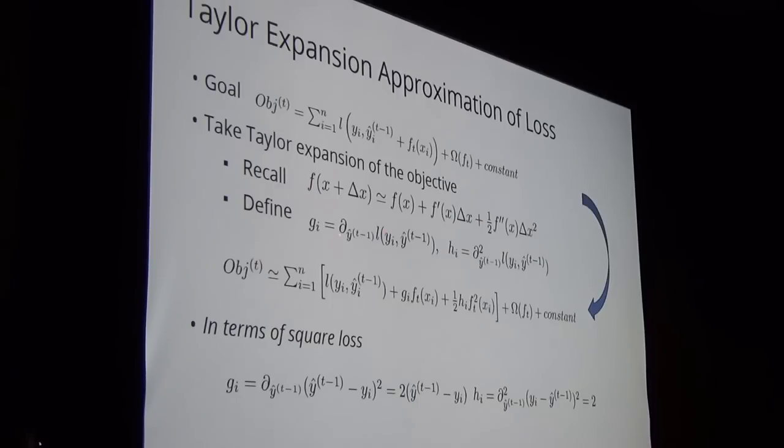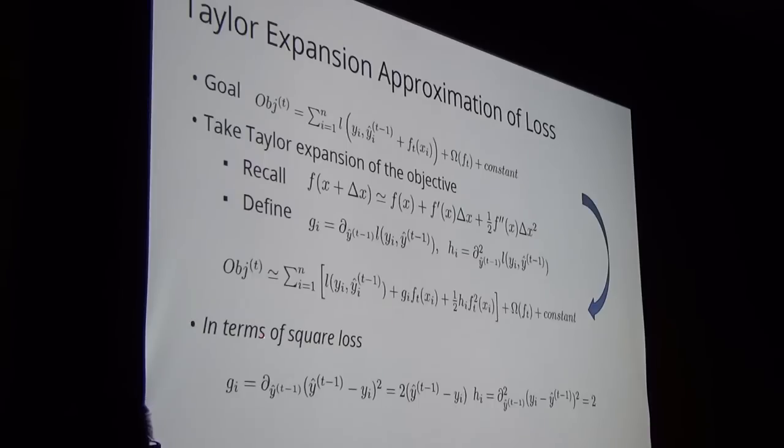And if you trust this expansion, what you can do is define a first order and second order gradient over the objective function. This original objective function can be approximated by a quadratic function expressed by the first order and second order gradient.